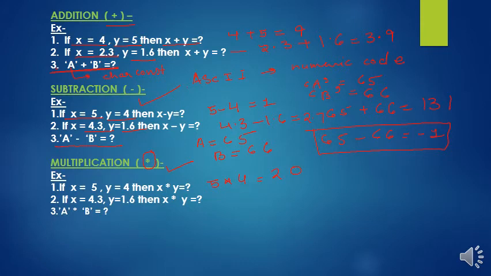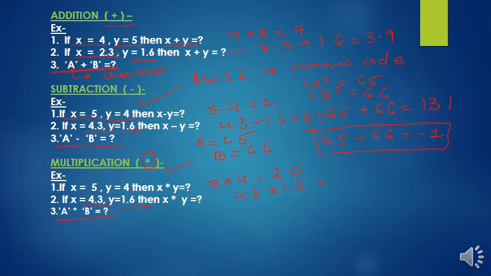Second is the value of x equal to 4.3 and the value of y is equal to 1.6. So it will multiply 4.3 into 1.6. Next is a into b.